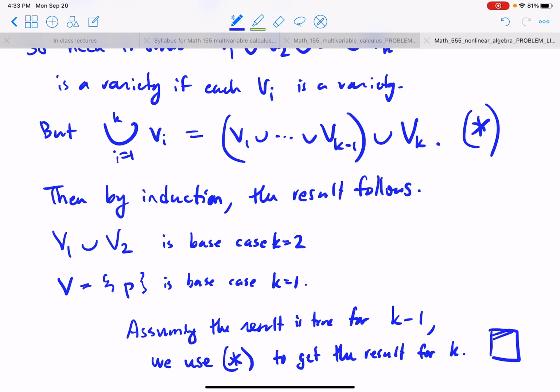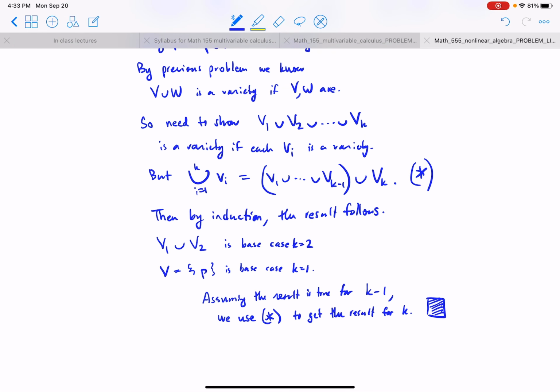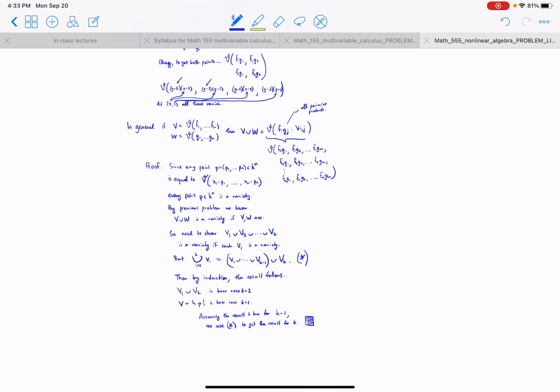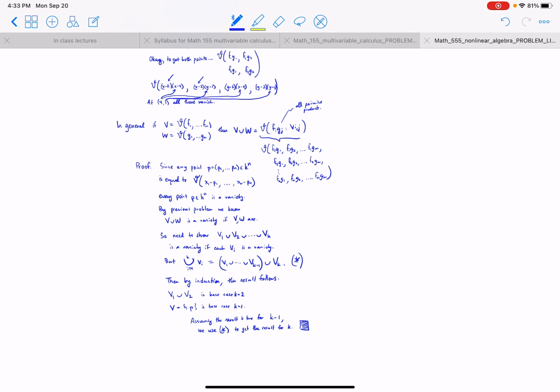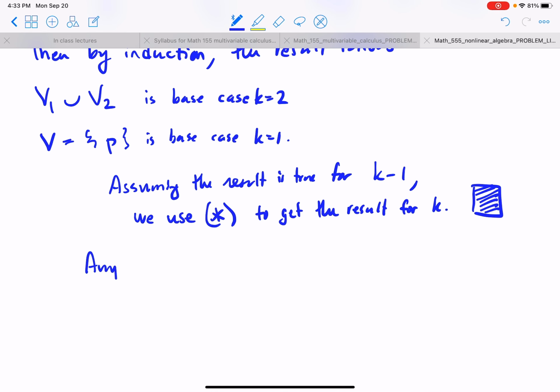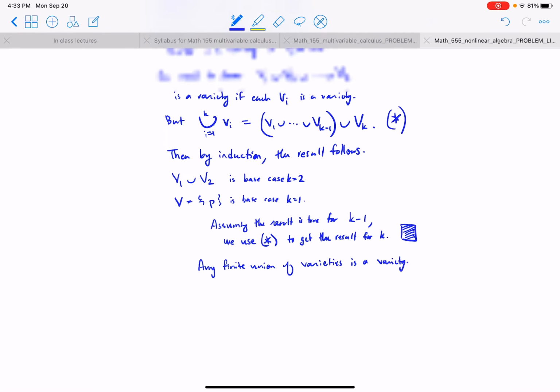And that's finally the proof. So I showed that 1 point was a variety. We know that the union of two varieties is a variety. So by induction, any finite union of varieties is a variety. That's what we can show by induction.